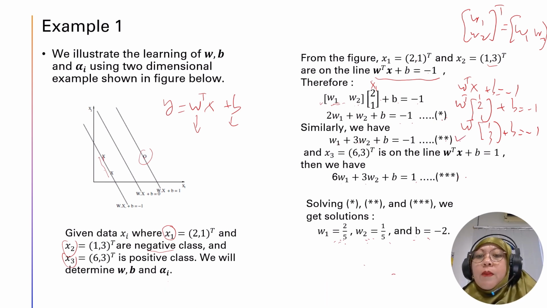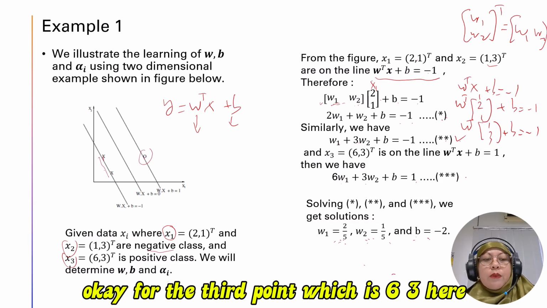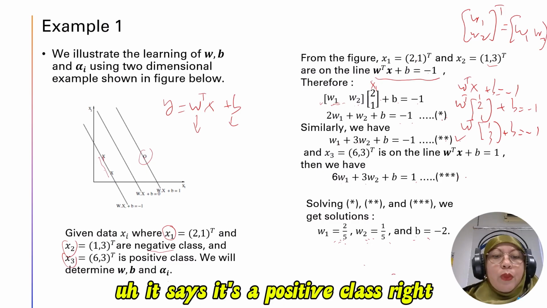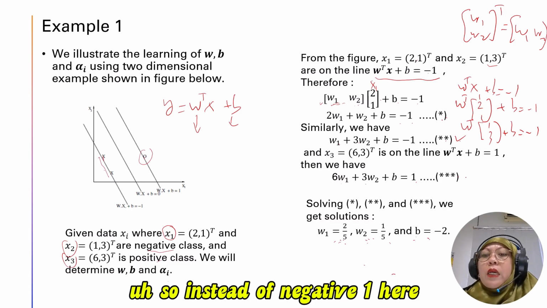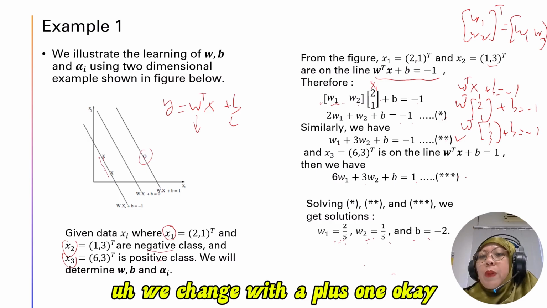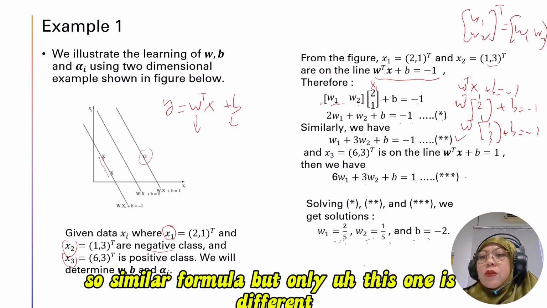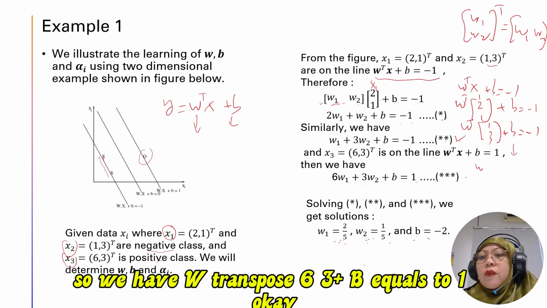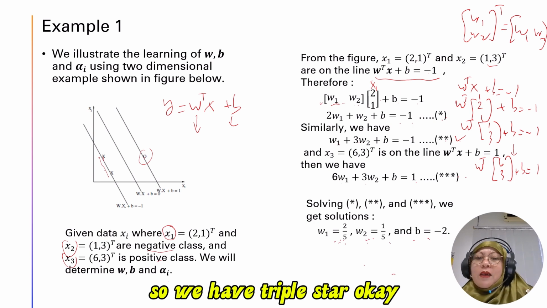For the third point, which is (6, 3), it is a positive class, so instead of -1 we change it to +1. The formula is similar, only this one is different. So we have W transpose times (6, 3) plus B equals 1. This is the triple star equation.